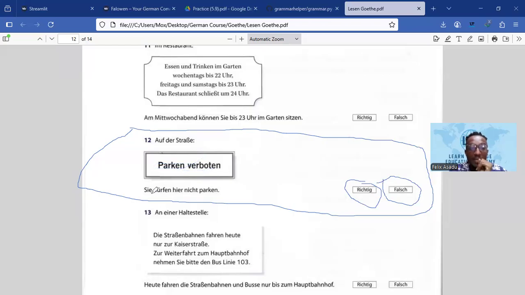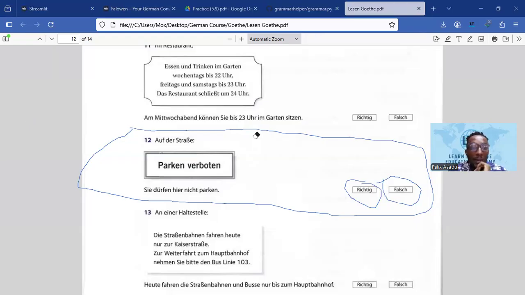And this one is telling that Sie dürfen hier nicht parken. That means that you are still not allowed. So in this context, this one is richtig. And that's going to be true. Okay. So that's how they can use this dürfen.